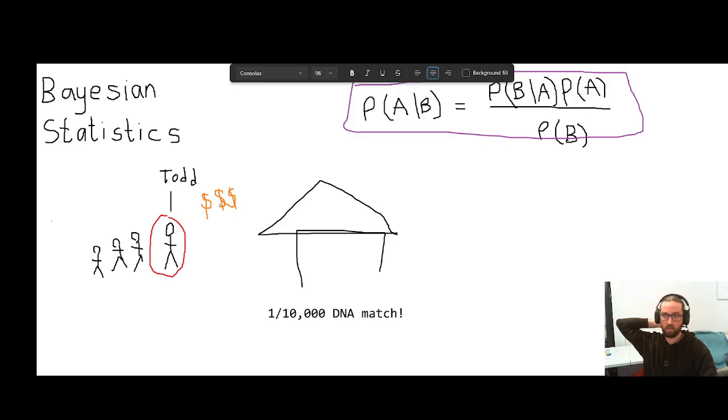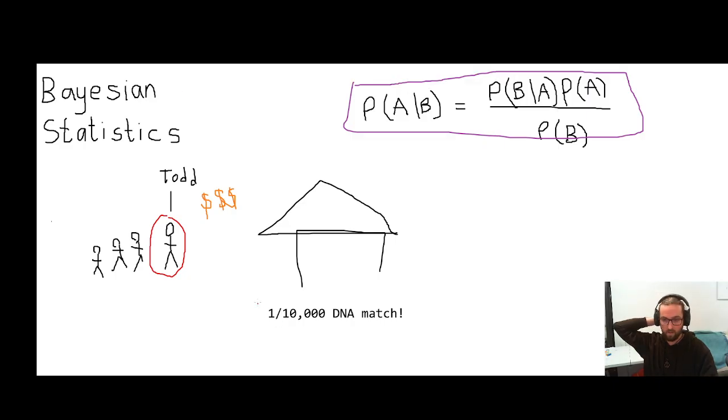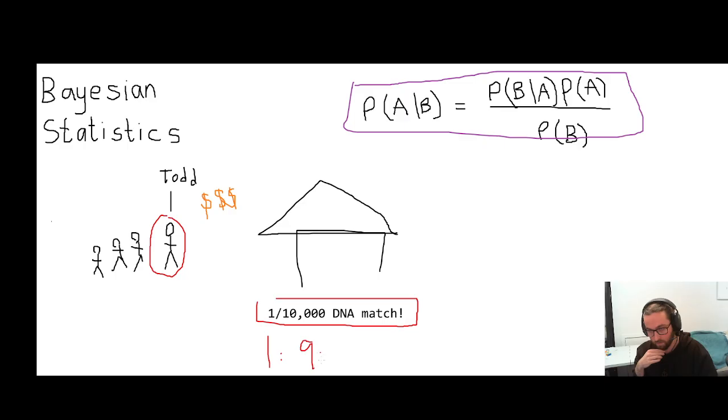So this is a very condemning fact for Todd, right? It kind of looks like the ratio of the odds of him being guilty versus innocent. But people who think this are making the classic mistake of equating the two.